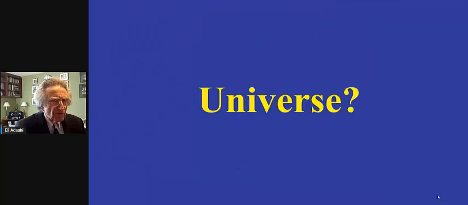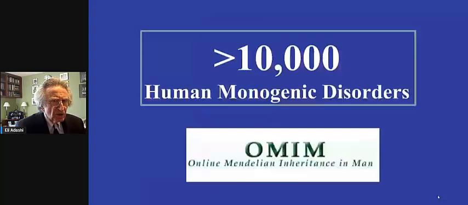What universe do we generally have in mind? Surely we do not have in mind to edit all the 10,000 or so human monogenic disorders that are currently listed in the Online Mendelian Inheritance in Man.